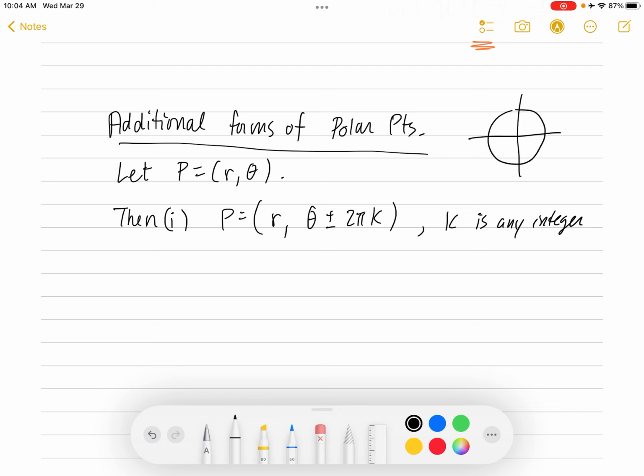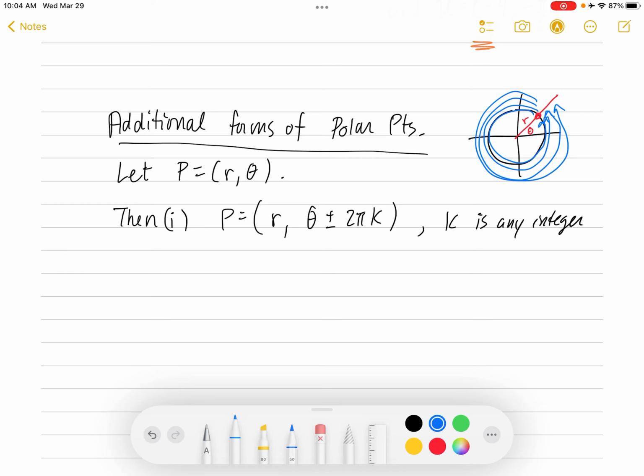So what does that mean exactly? Let's say I have a polar point. I'm going to have a certain radius, r, and a certain angle theta. I can rewrite this by adding 2 pi, or any multiple of 2 pi.